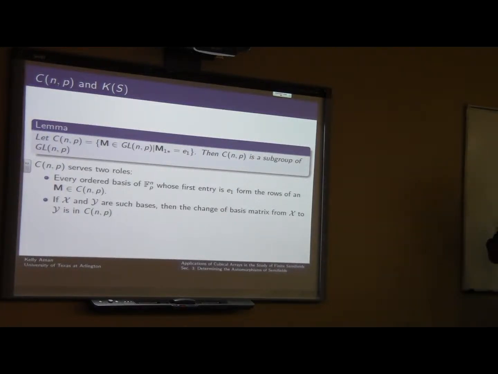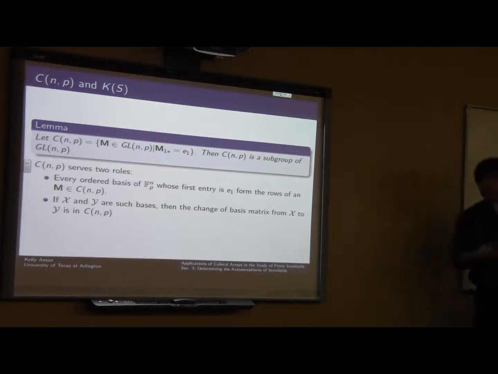So the reason I bothered defining C_n(p) though is it's going to serve two purposes. Any basis of F_p^n whose first entry is e1 is going to correspond to a matrix in C_n(p) where the rows are the elements of that basis.